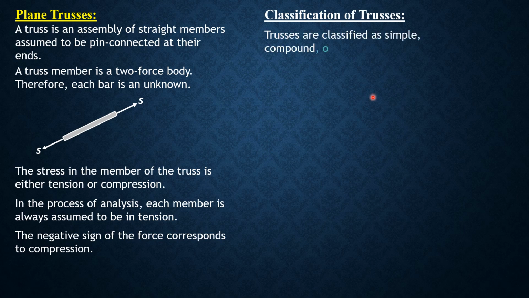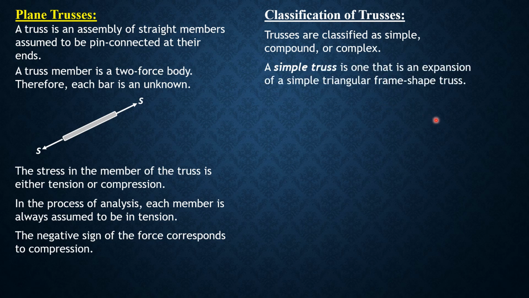So, classification of trusses. Trusses are classified as simple, compound, or complex. Simple trusses are those that start with a simple frame-like shape, or frame truss, like this.